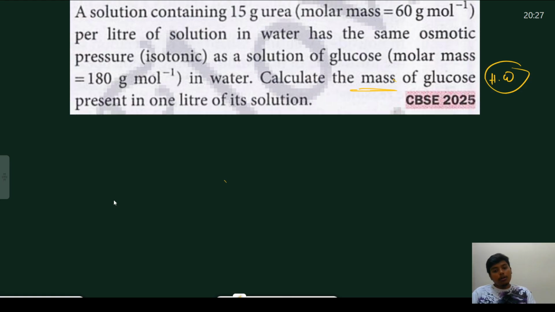That you have to go through properly. You can check lecture 2, where we have discussed all the concentration terms properly. Any doubt you can ask me. Okay, anyone? Kirti? Any doubt? What happened?